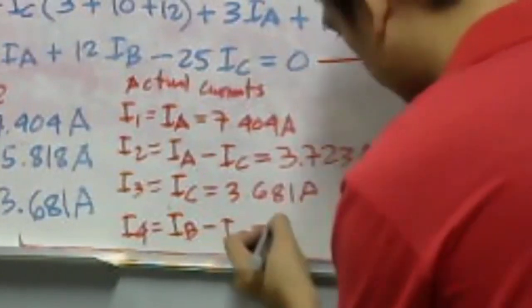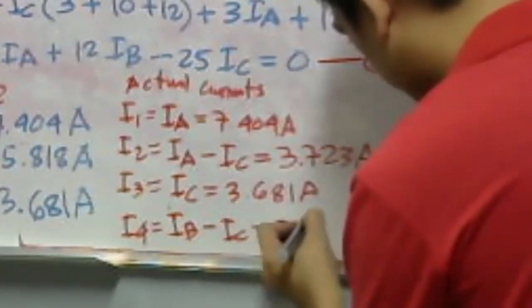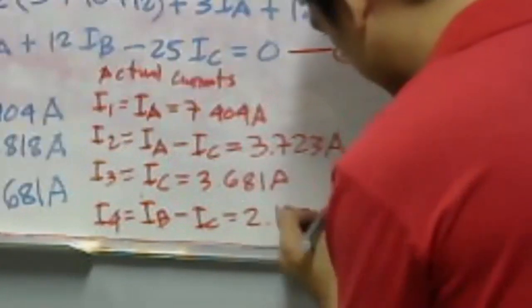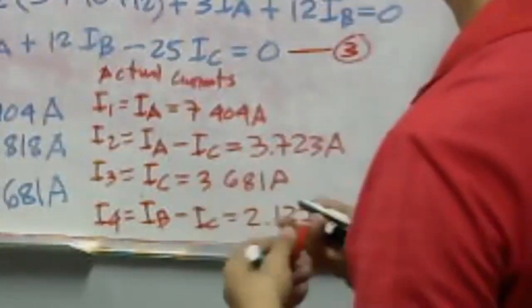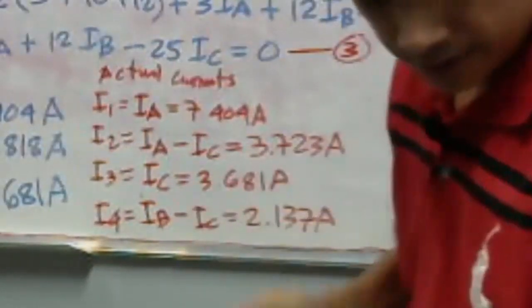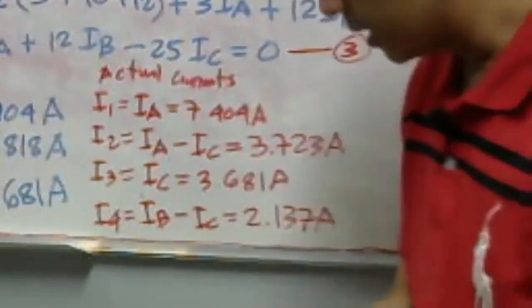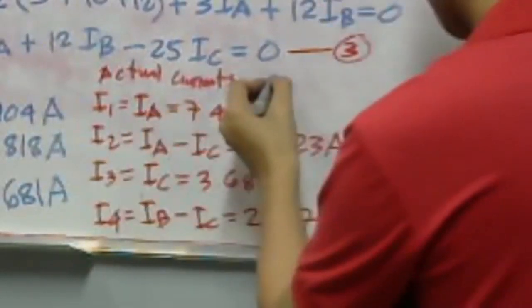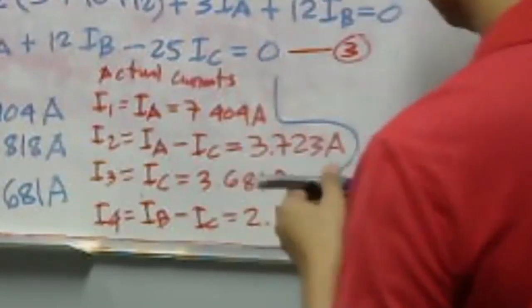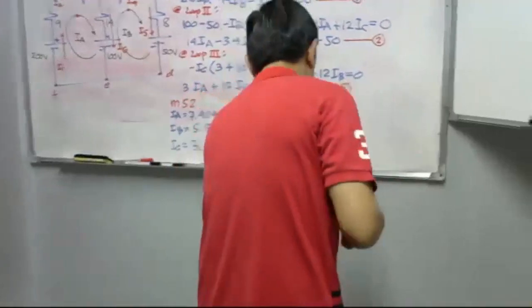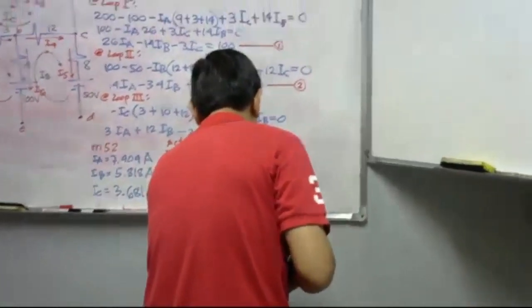So the answer here is 2.137 amperes. Then we can go now to I5 and I6. I'll put it in here.